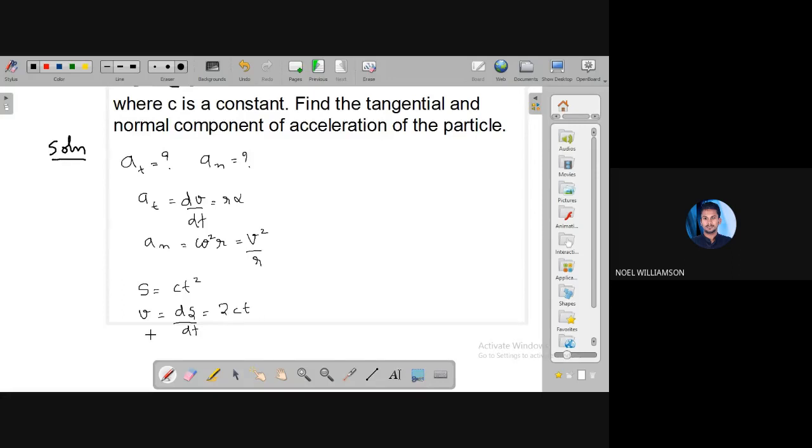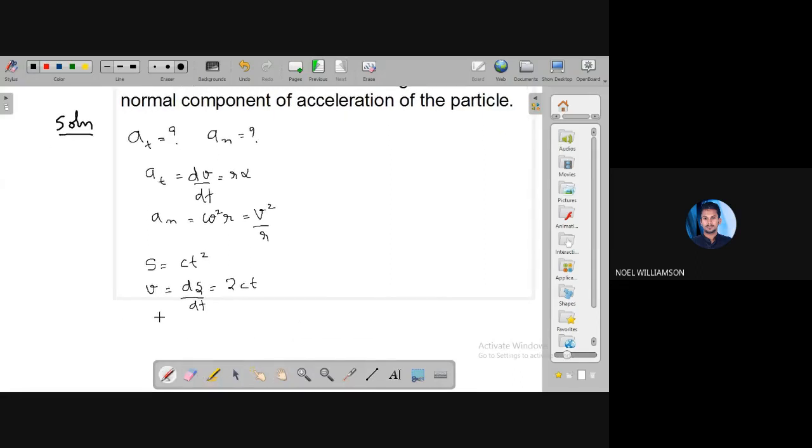This is velocity. Now the tangential acceleration, that is AT, will be equal to dV by dt, which is equal to d by dt of 2ct, that is 2c. So this is the acceleration in the tangential direction, or tangential component of acceleration. So we got the value.